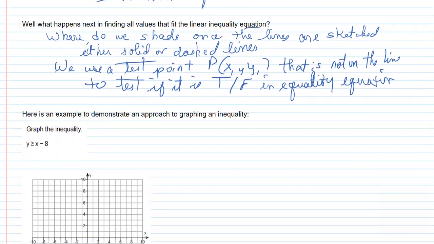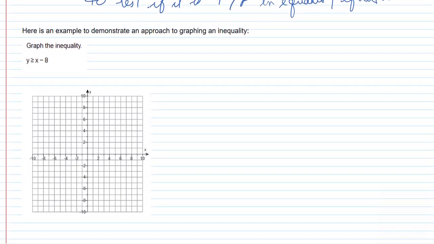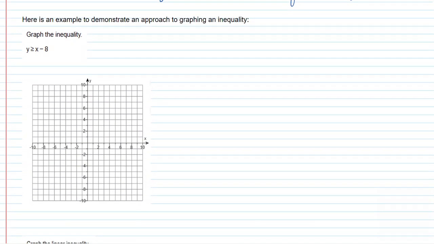All right. So here we go with an example. And here we have a greater than or equal to. So we're going to have a solid line first. And we have a simple line. And then we're going to do a chart, or use y equals mx plus b, whichever one you want.